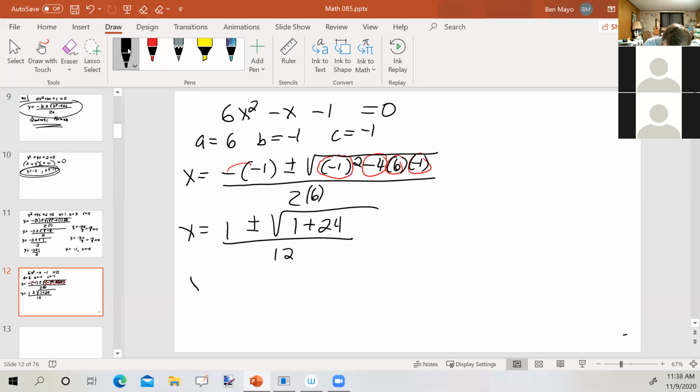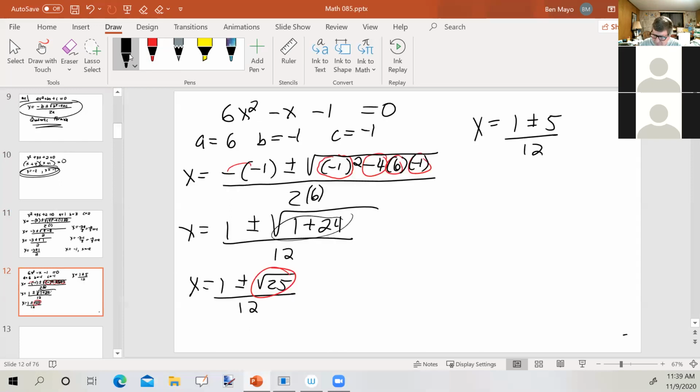Okay. x equals 1 plus or minus the square root of 25 all over 12. That is 1 plus 24. So then we get x equals 1 plus or minus, well, the square root of 25 is 5, all over 12.